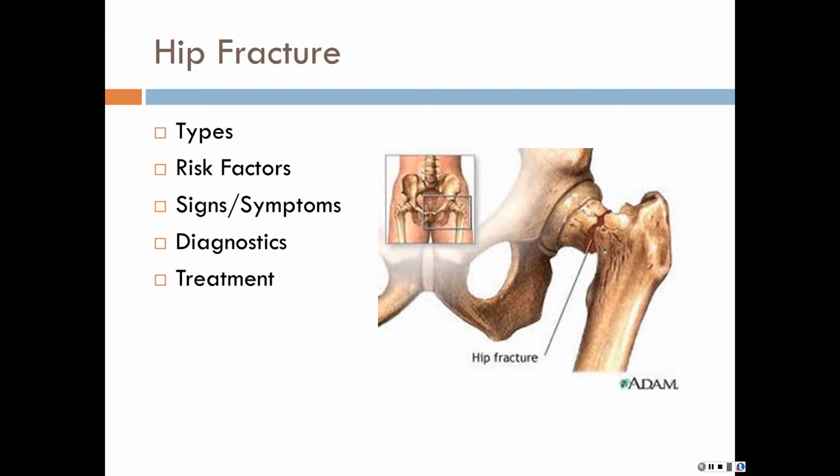Let's start here with hip fractures. We talked about how hip fractures happen most frequently in elderly people, specifically those that have osteoporosis.